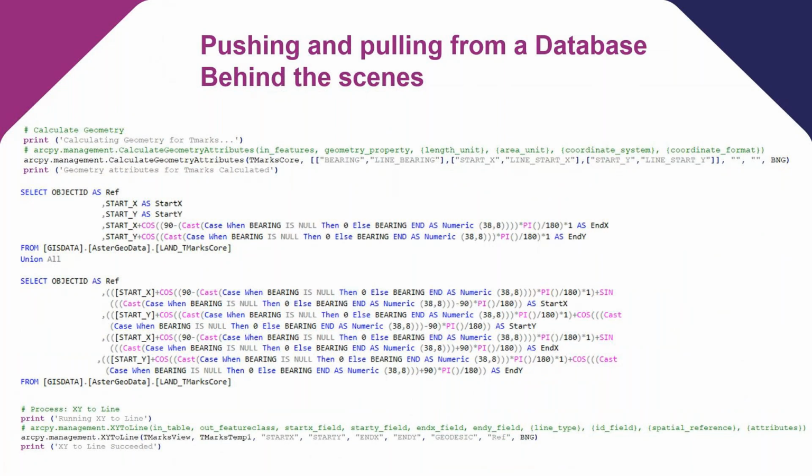So how that works behind the scenes, we have the first part here, which calculates the geometry. The initial line you saw me start to draw on the right hand side basically gives it the bearing, the start X and the start Y, and then that goes over to SQL, where we do some various trigonometry things, which did take a bit of head scratching, but we got there in the end. Had to go back to some GCSE trigonometry, which is always fun.